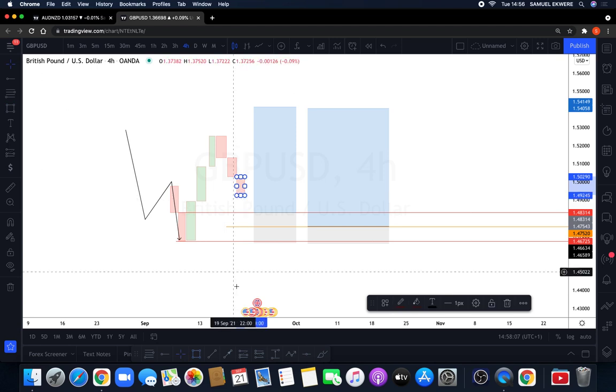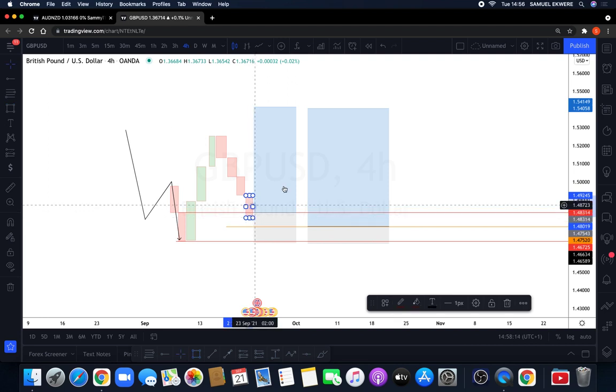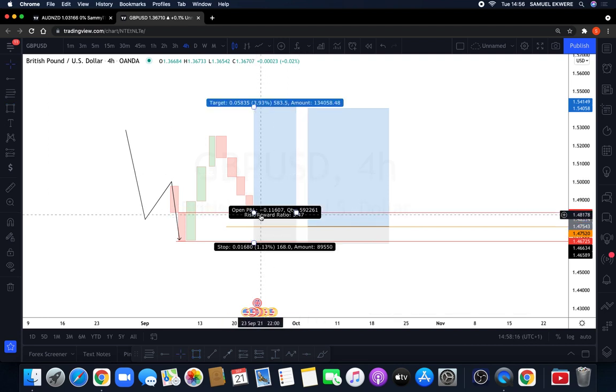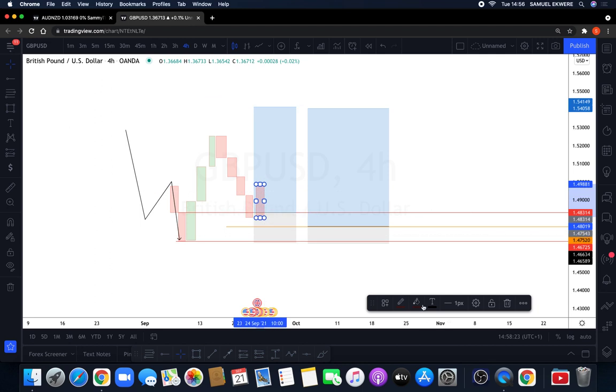Price should keep coming down to the order block. Sometimes price will react just from the open of the order block and move from there back upward.